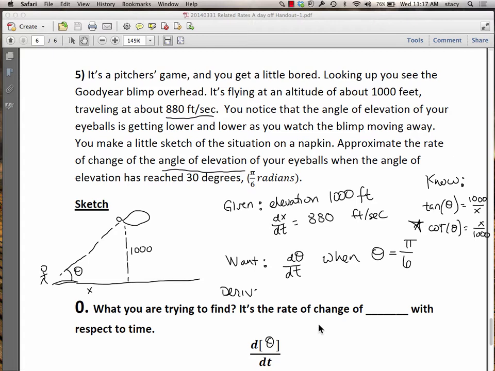Actually, I'm going to just do it down here. What is it? Negative cosecant squared theta d theta dt. What do you get on the right-hand side? X over 1,000?